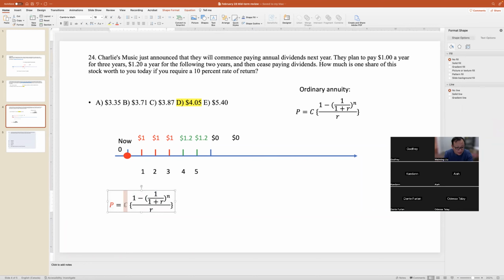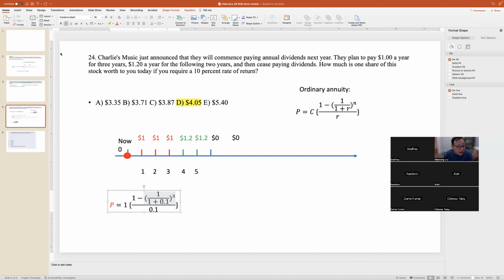In this case, C is 1, and R is 10%, so R is 0.1. And what is N? Can anyone tell me what N is? 3, thank you. So N is 3.